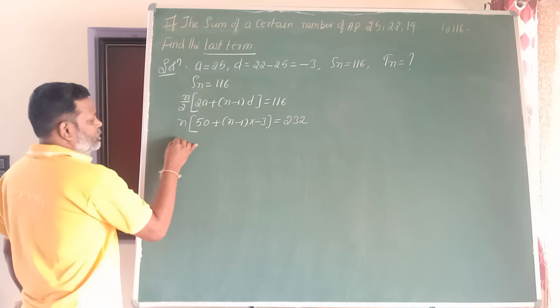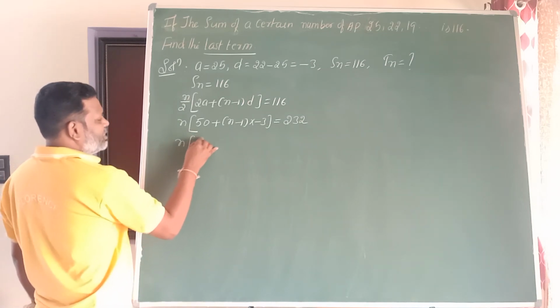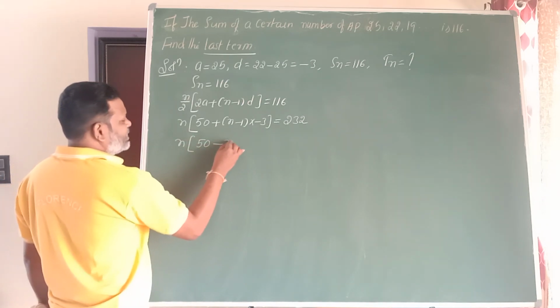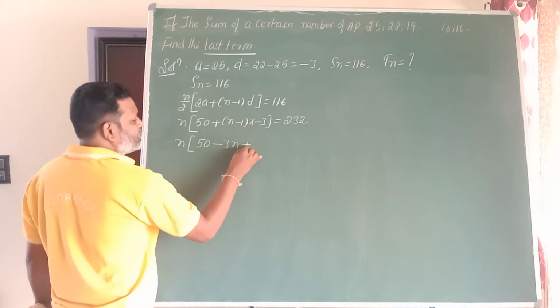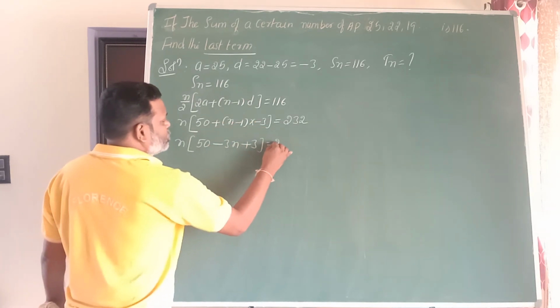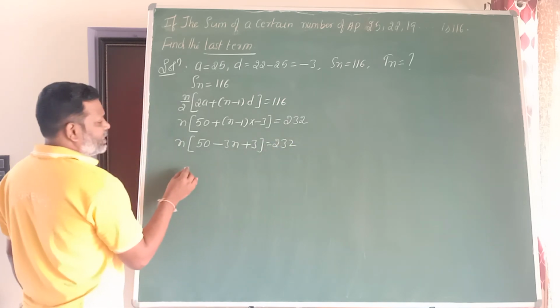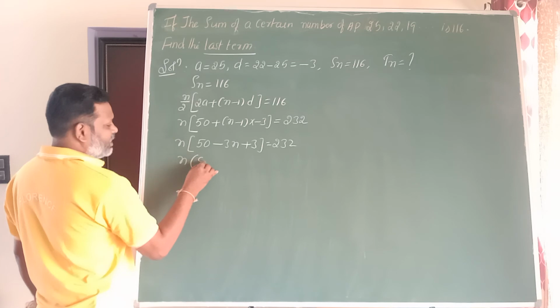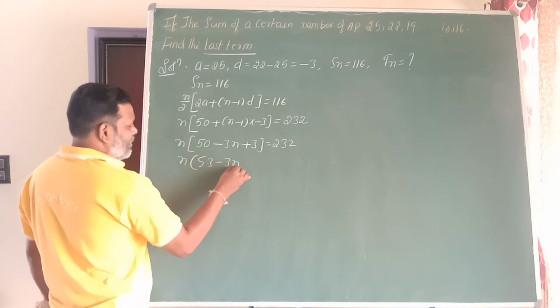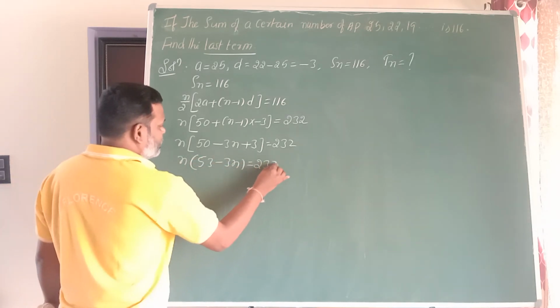Got my point? So n into, simplify this, 50 minus 3 into n minus 3n, minus into minus becomes plus 3, is equal to 232. Multiply this now, n into 50 plus 3, 53 minus 3n is equal to 232.